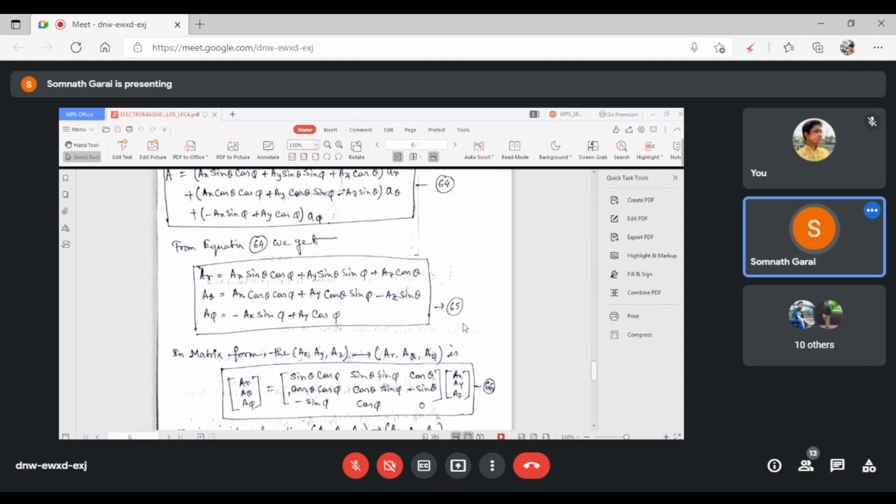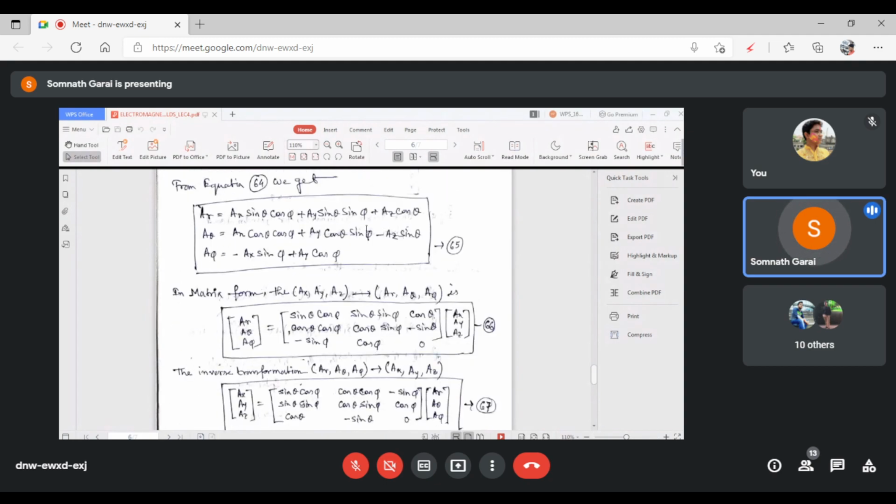Now, if we convert into matrix form, then AR, A theta, A phi is equal to: in the first row, the coefficient of AX is sin theta cos phi, the coefficient of AY is sin theta sin phi, the coefficient of AZ is cos theta. In the second row, the coefficient of AX is cos theta cos phi, the coefficient of AY is cos theta sin phi, and the coefficient of AZ is minus sin theta.